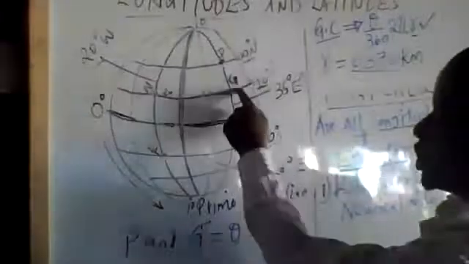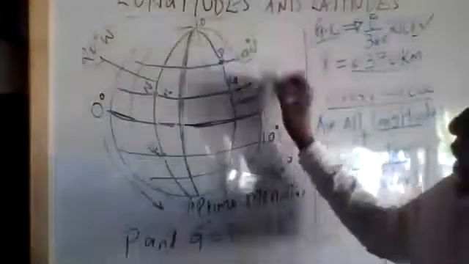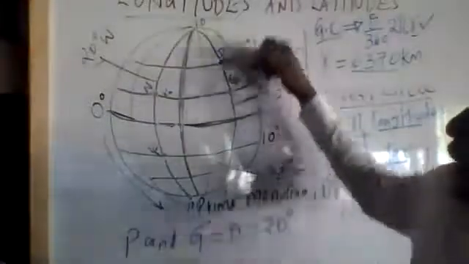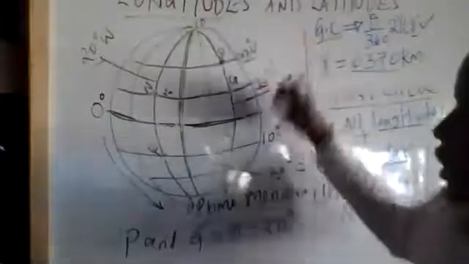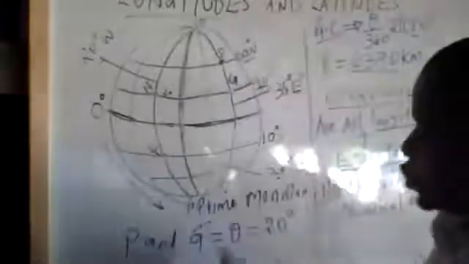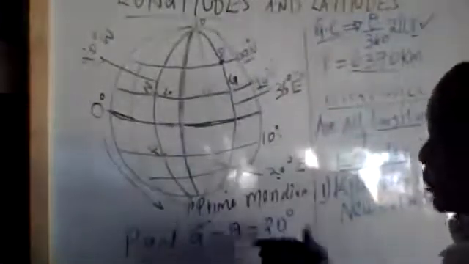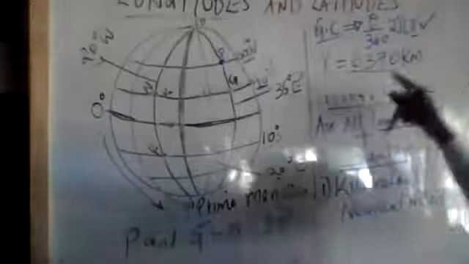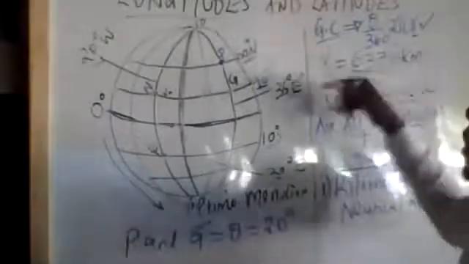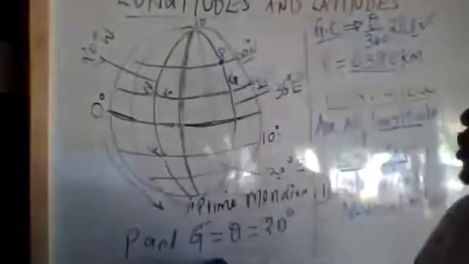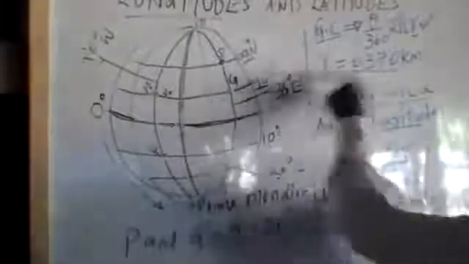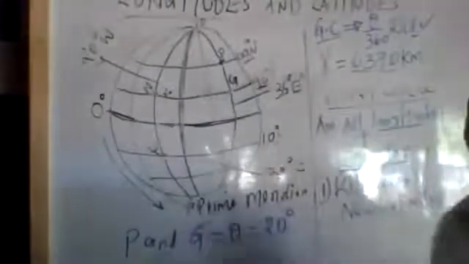B is at 60, G is at 40, so the angle difference between the two towns is just 20 degrees, that is 60 minus 40. Now, if we have theta, how can we calculate the distance between B and G, given that the radius of the earth is 6370?